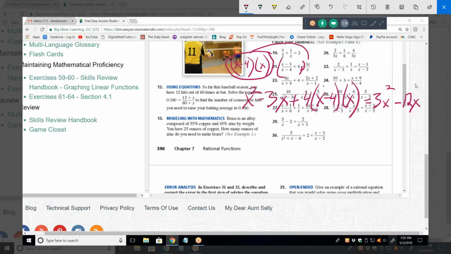So that's x squared minus 4x. And then I've got what? x squared minus 3x plus 4x squared minus 16x equals 3x squared minus 12x.